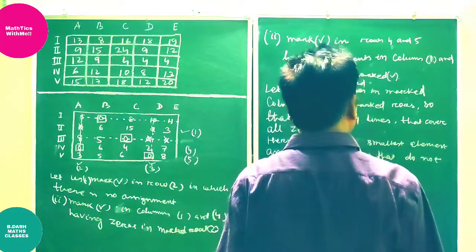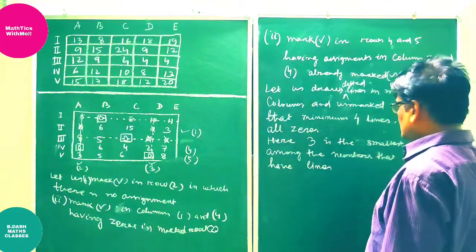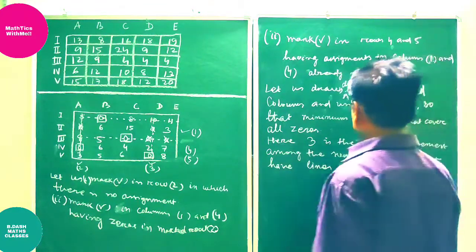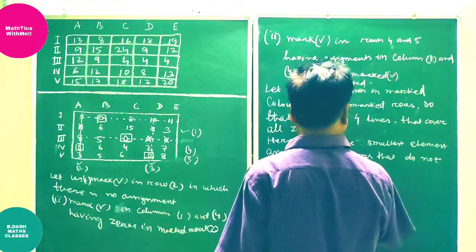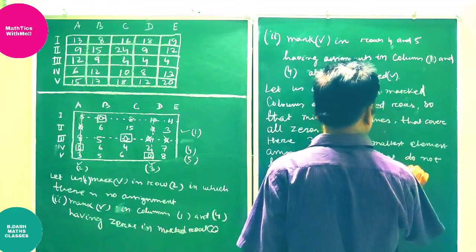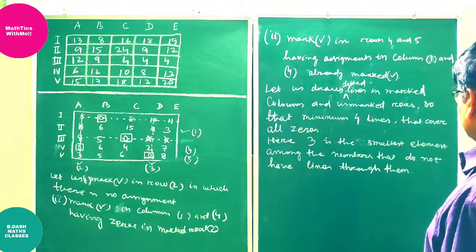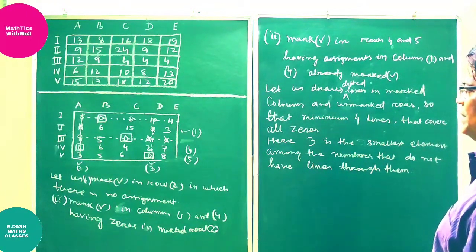So here 3 is the smallest element among the numbers that do not have lines through them.